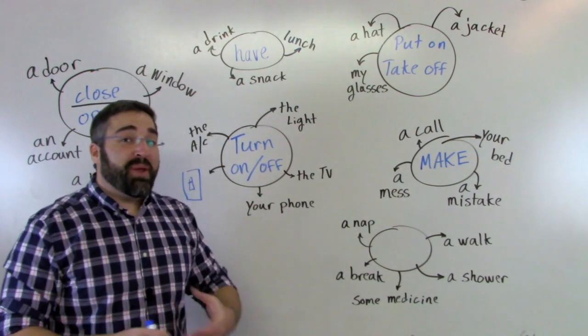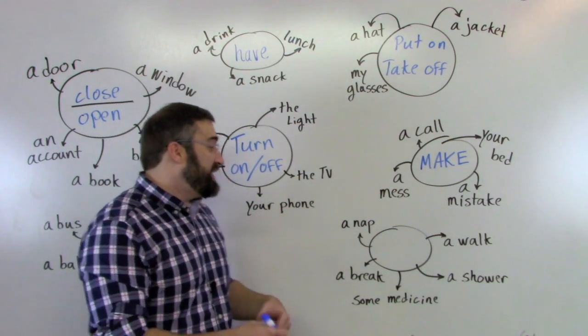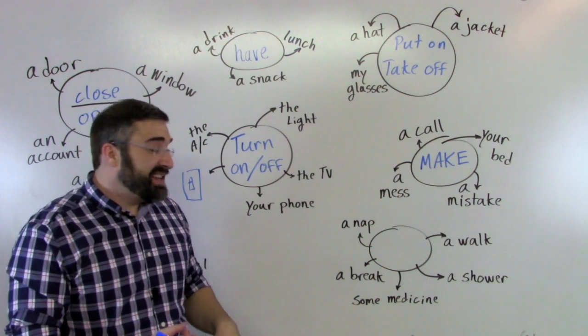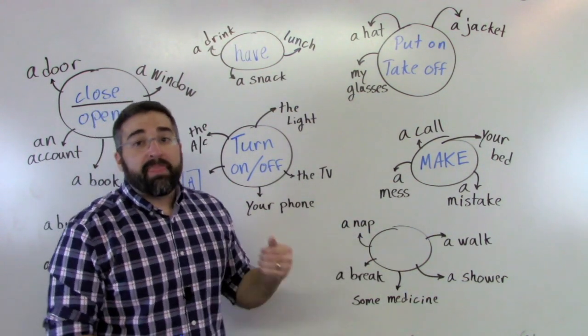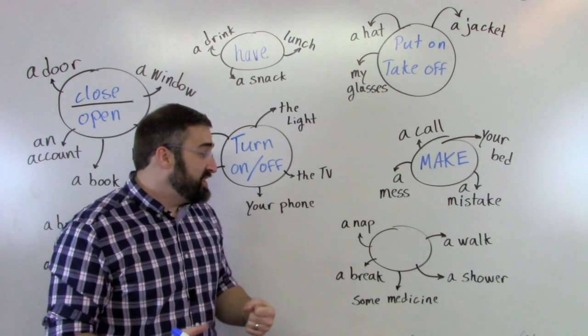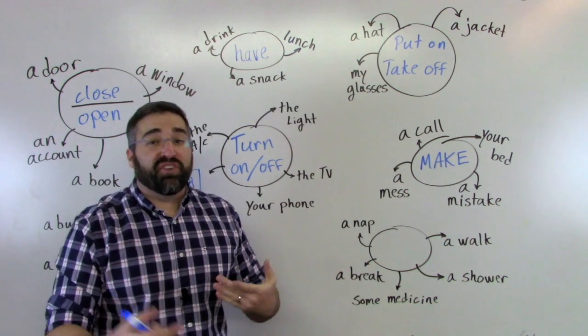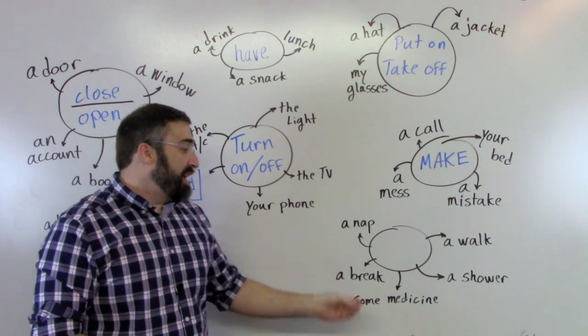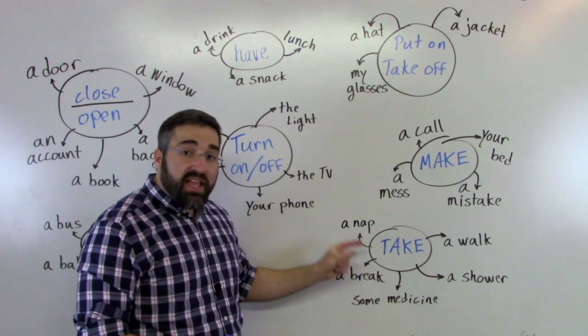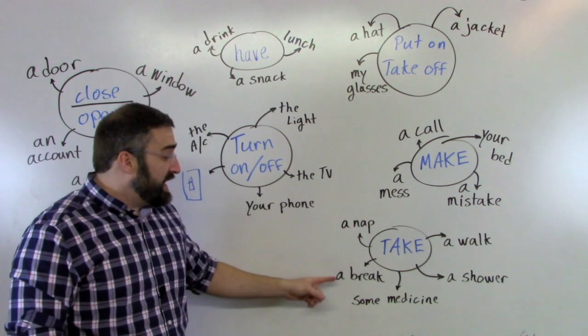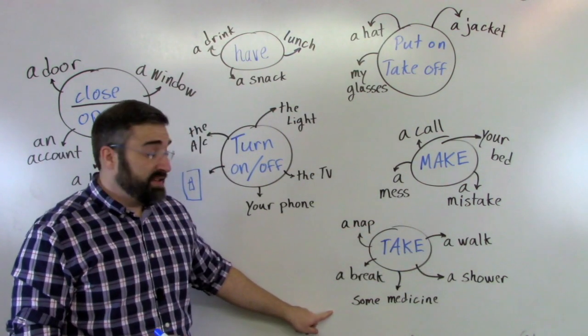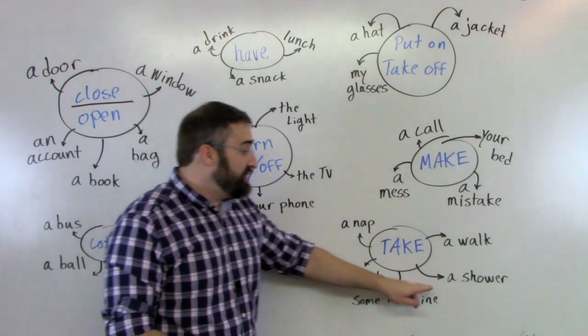Now, British people say one version, we say something different here in America. We have one verb that collocates with all of these. So I can tell you the British version in a second, but let's have the American version first. Take a nap, take a walk, take a break, take some medicine or take your medicine, and take a shower.